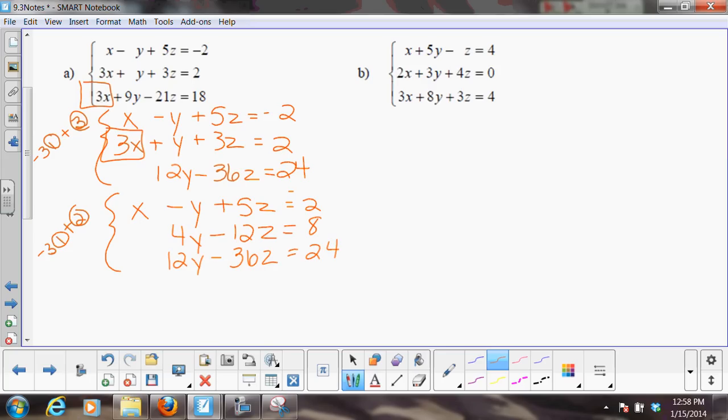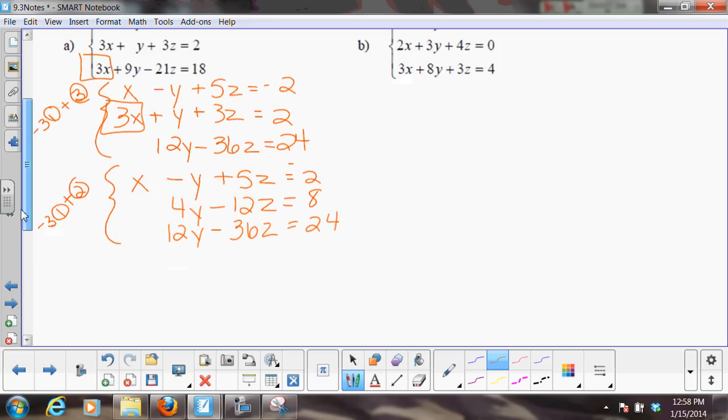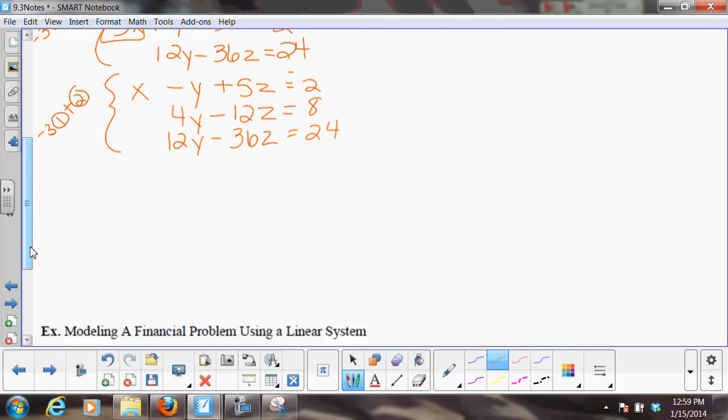In the last row, if you look, the last two rows are similar. So I'm going to take row 2, times it by negative 3, and add it to row 3. My job now is to get rid of that 12y. Recopy the first two rows.